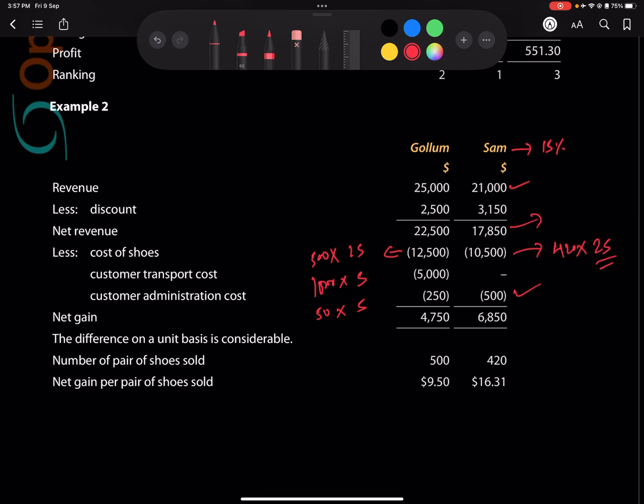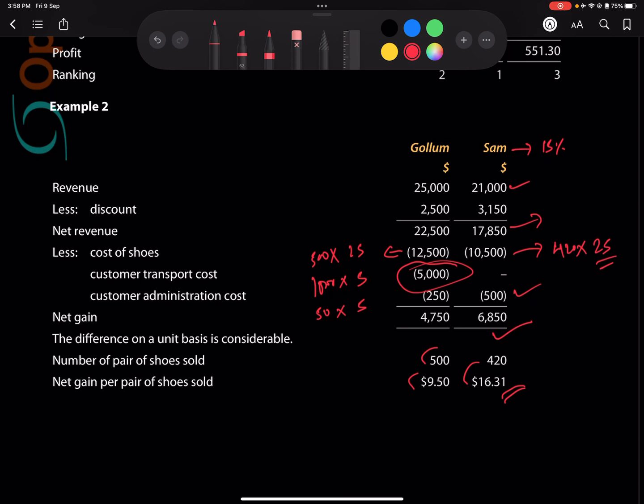But you see who's more profitable over here? It's the Sam who is more profitable, huh? So even though we are selling a lot of shoes for Gollum, the gain is basically say 9.50, whereas in terms of Sam it's higher because we don't have to distribute it, because there is no transportation cost. 5,000 is a huge chunk, right?